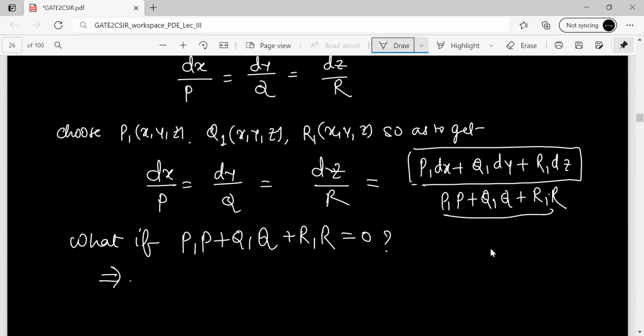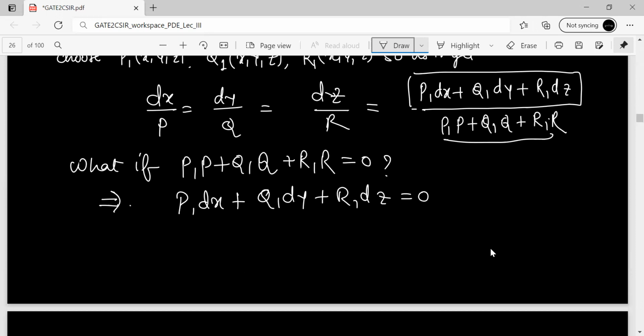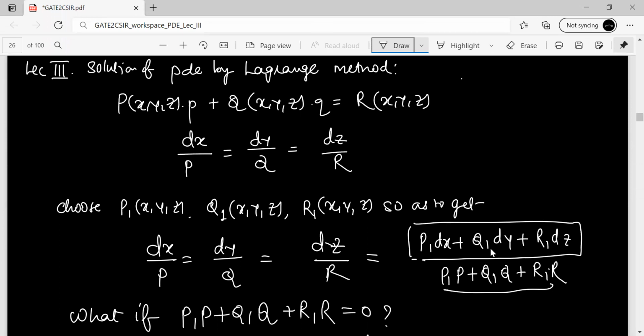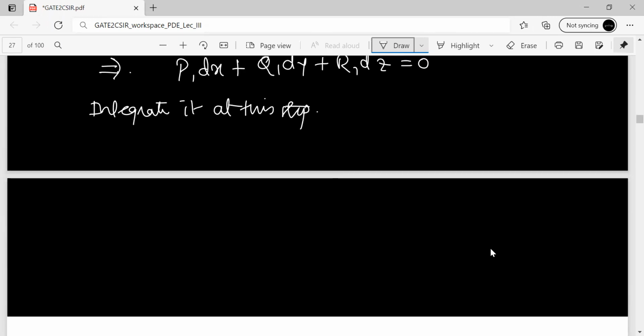This implies if the denominator is 0, the numerator is also 0. So P1 dx plus Q1 dy plus R1 dz will be equal to 0, and now you simply need to integrate. This looks quite messy, but it's not.